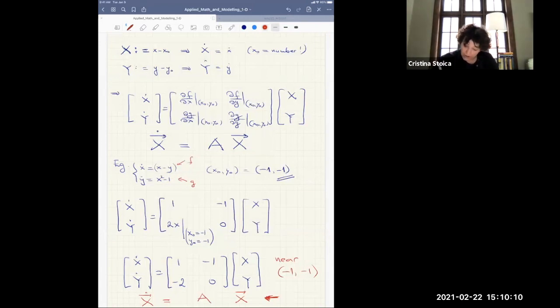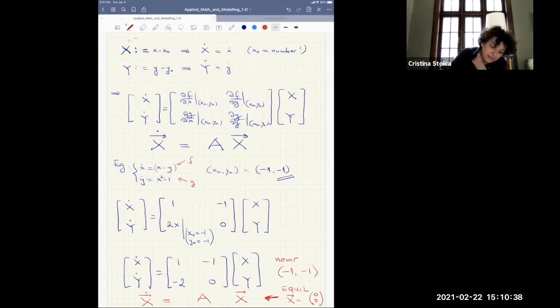How come? Well, remember the equilibrium here: we set the right-hand side equal to 0. Obviously, this would be just 0, 0. So it would be the vector 0. But the vector 0 here, 0, 0, is nothing else.